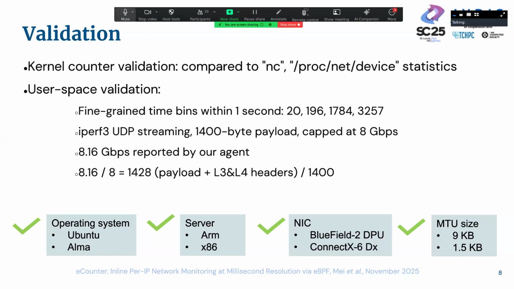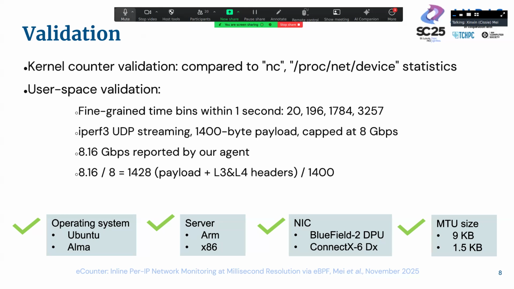Then I ran the iPerf streaming, where I can configure the payload size and the target rate. I got my output into Python and calculated the per-second Gbps they achieved, and it gives me 8.16. Actually, iPerf is just calculating the payload size, not the header.